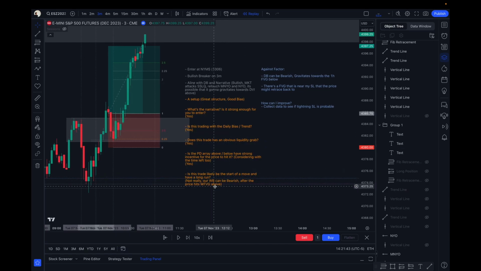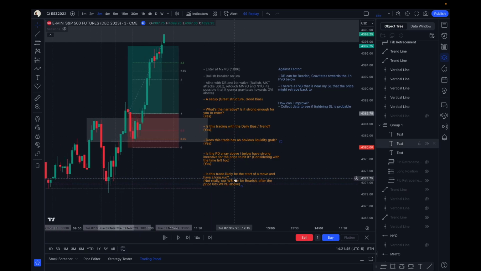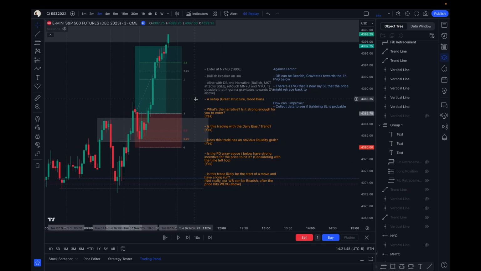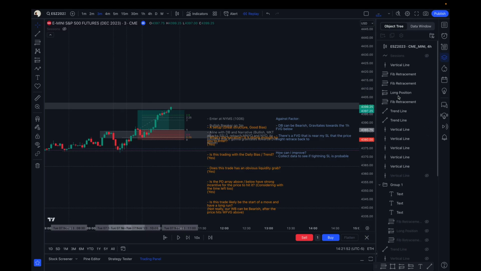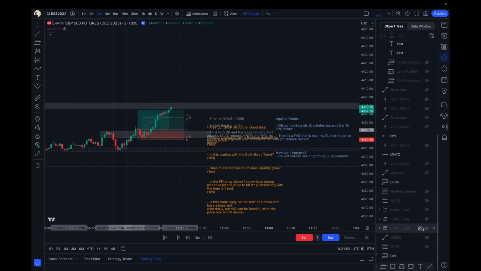Is this trade likely to be a starter move? Not really. Weekly bias can be bearish right after the price hits the weekly fair value gap above right here. So yeah.